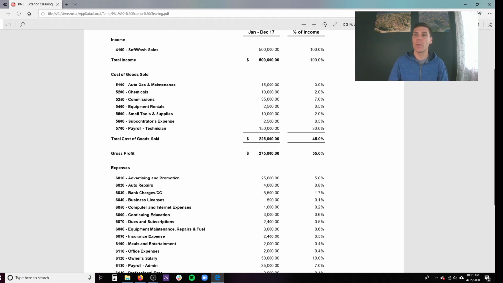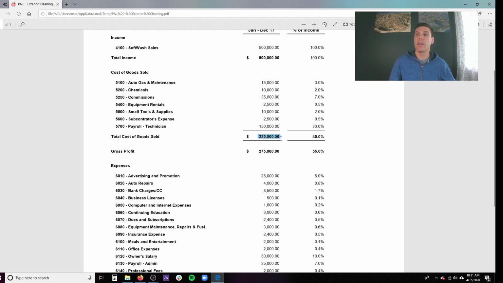You'll see the biggest one generally is payroll for technicians or field laborers. This is where your paycheck comes from. So part of the cost of goods sold expense in a service business, or a big part of it, is the labor expense, your paycheck and the paychecks of the people that you work with out in the field. So when we subtract all of those expenses from our top line revenue, we have what's called gross profit.